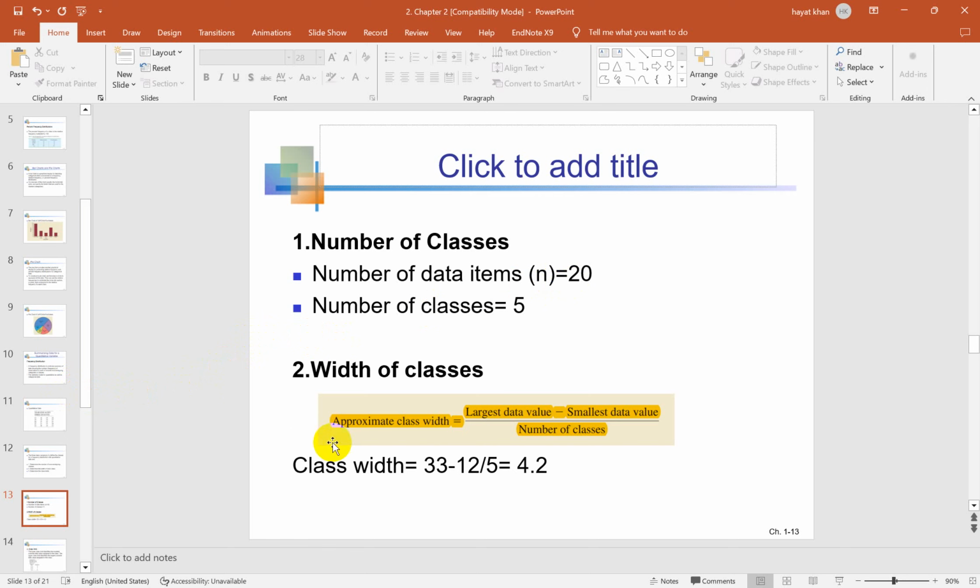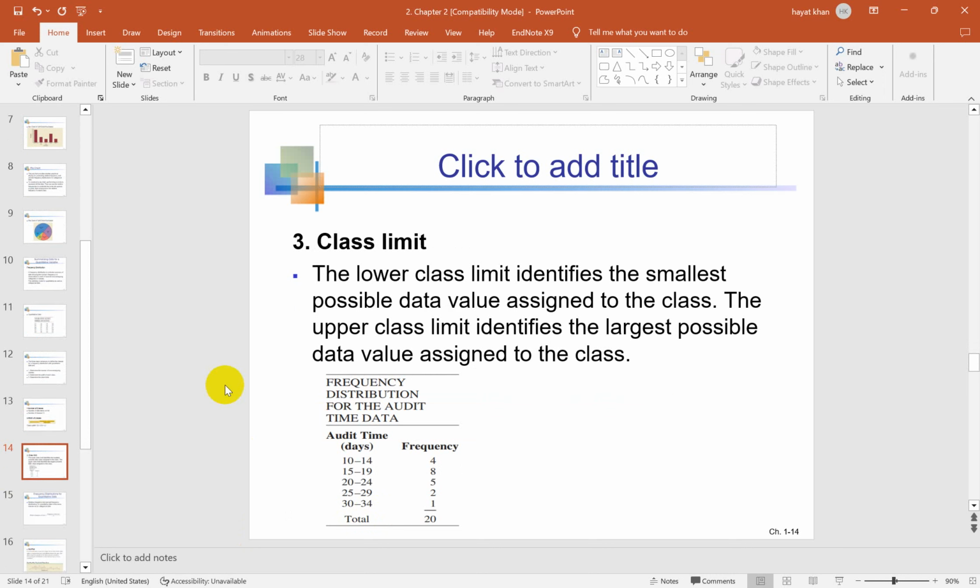The approximate class width is equal to the largest data value minus the smallest data value, divided by the number of classes. So the class width can be 33 minus 12 divided by 5, equal to 4.2, for the data given in the table.